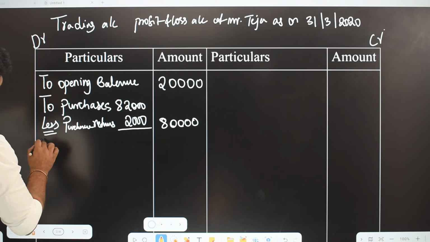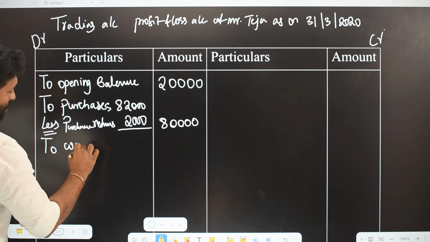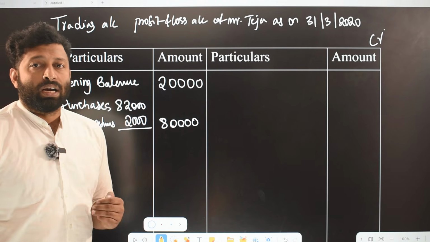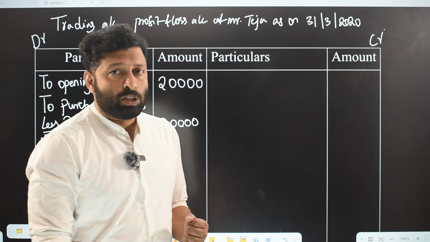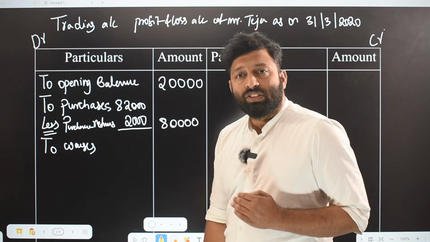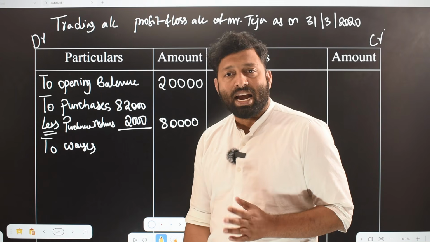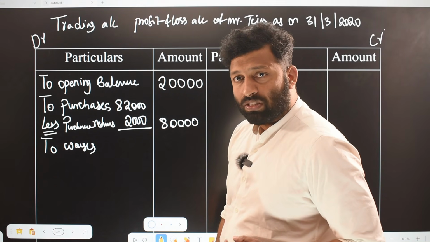So next there is wages. To wages. See, you have to develop a habit. Whenever you are writing the expenses, check the adjustments. Expenses rastunnappudu manamu adjustments ni check chesukovali. If there is any prepaid or outstanding expense, already I explained the adjustments in the previous video.